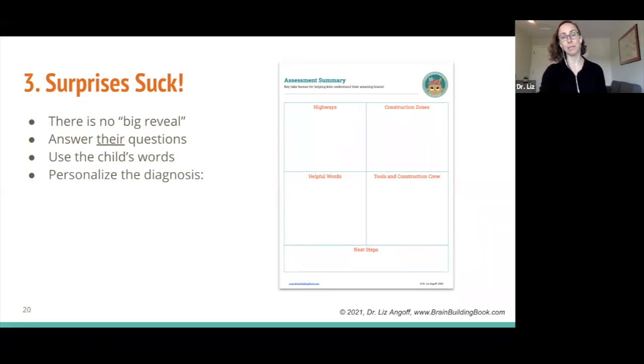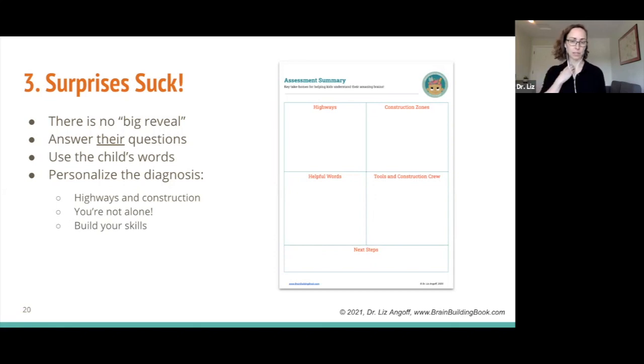This is how we help them to understand what's going on, using those highways and construction zones, letting them know they're not alone, that there's lots of people who have the same kinds of patterns, and other people have done this before. And then we're going to talk about building their skills and how we can support them moving forward.